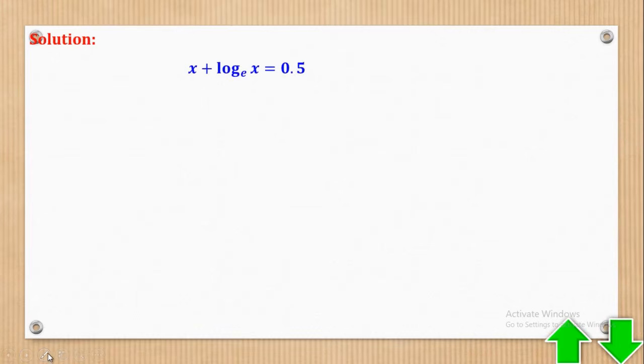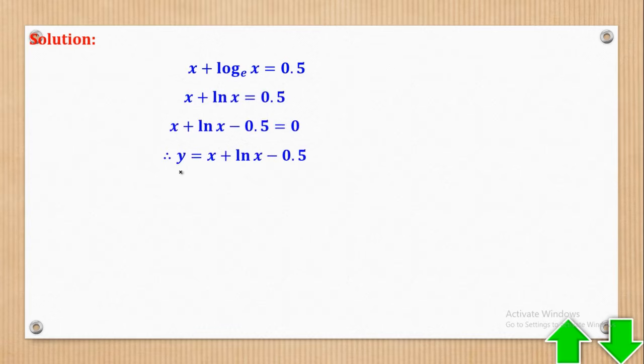So the first thing to do is to get our fx. So rearrange, put everything on one side, and that will be your fx. So fx will be this, y equal to x plus ln x minus 0.5, because log base e is the same as natural log.